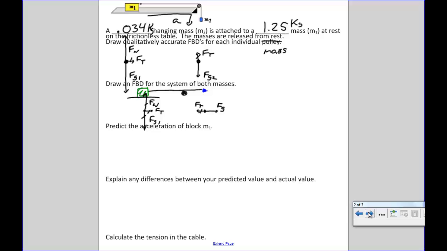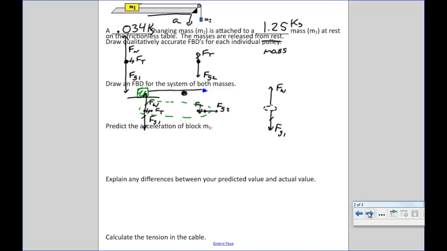Those are equal, and since we choose our system to be both blocks, those forces of tension are inside of our system. So the thing that's making this accelerate is the force of gravity from mass 2. If we shrink these down to a point, we have the normal force here and the force of gravity from 1.